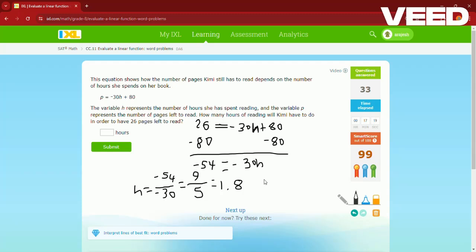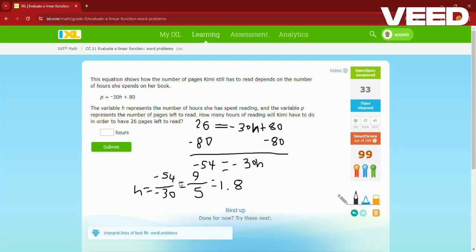So what I've done here is plug in the 26 here, and then write the other equation there. And then it's just simple algebra. Minus 80, and then you get negative 54 equals negative 30H. To get H, it would be equal to negative 54 over negative 30.